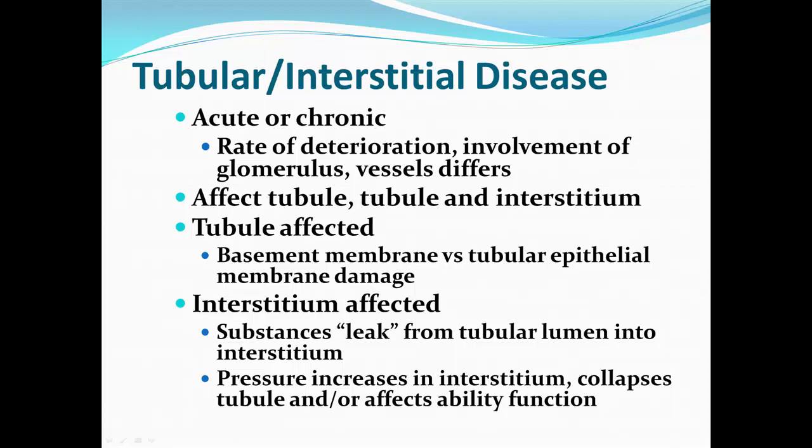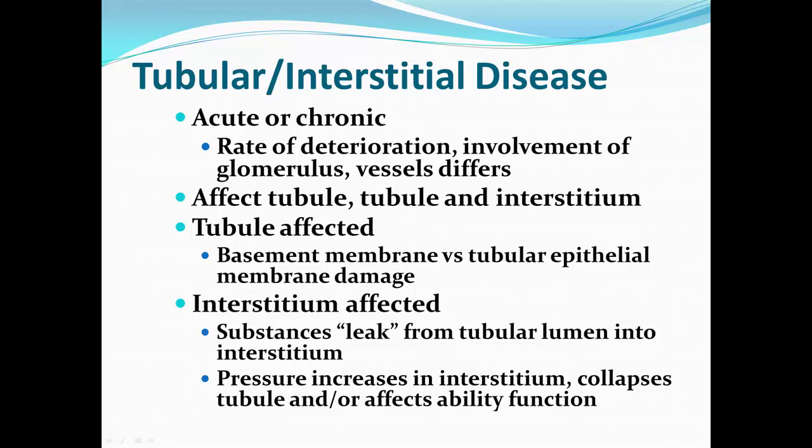There are two ways by which the interstitium can be affected. Substances can actually leak from the tubular lumen into the interstitium itself. So when that happens, you would have damage to the tubule that is now leaking into the interstitium.